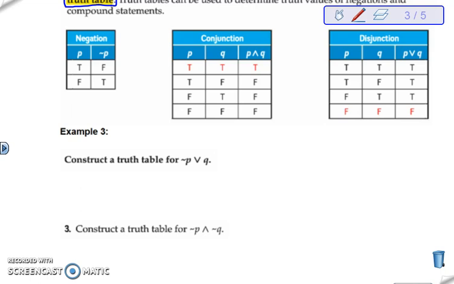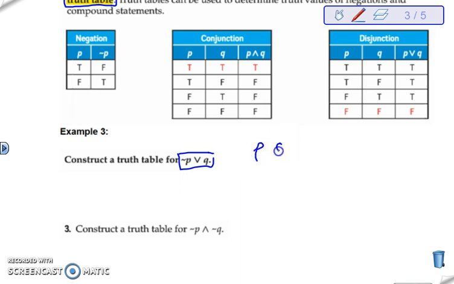So when we are constructing our truth tables, they're going to give us the thing that we're trying to find the truth values of. So for this example, we're looking at the statement not P or Q. If they don't give us a table to fill in, we'll have to make one.